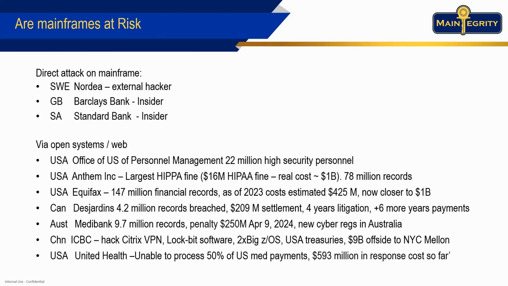But the point here is that everybody talks about this as a fine, $16 million. But the real cost, as I calculated, we'll get there in a minute, is more like $1 billion. That's 78 million records in that breach came off the mainframe. They didn't come off some open systems environment that was the original attack point.